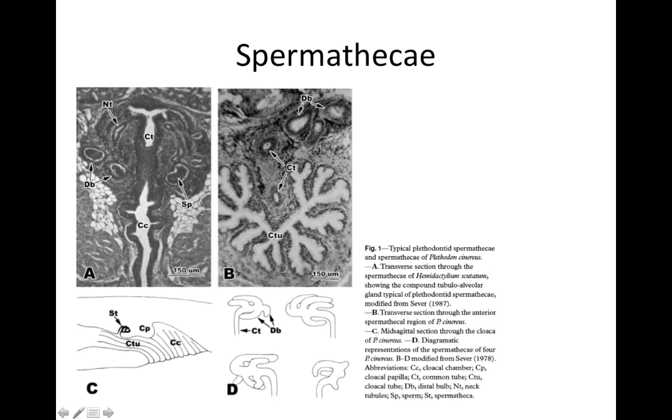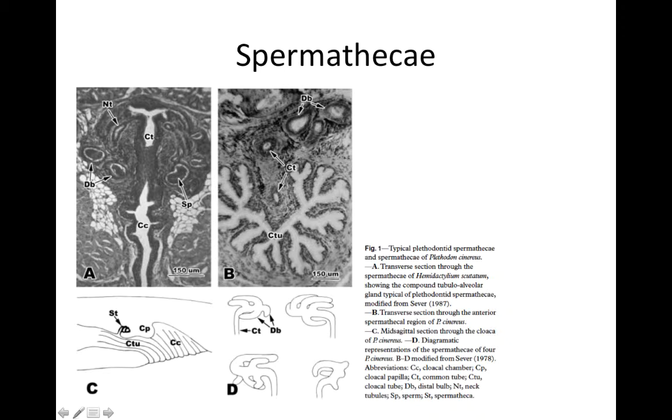Most spermathecae are dorsal evaginations of the cloacal region, and they're oftentimes complexly coiled, and you can see in this micrograph up here, they serve as receptacles for sperm storage, and this one is full of sperm.